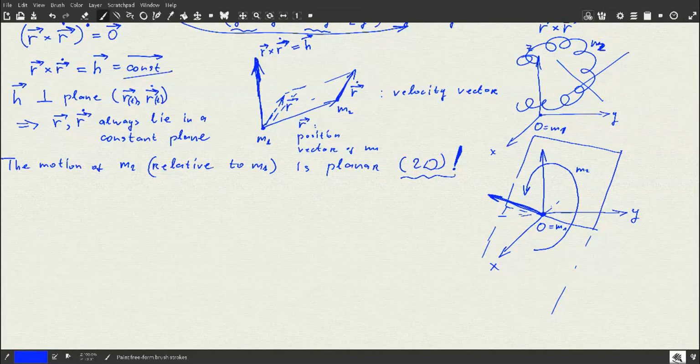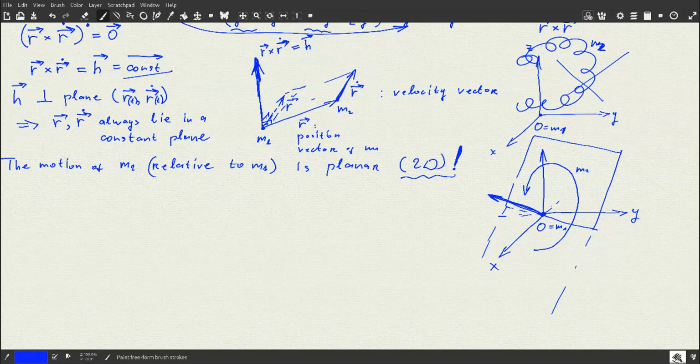How? The normal vector to this plane would be a cross product of r and r dot. But in general, if r and r dot are varying upon time, then the plane in which they lie would also be different.